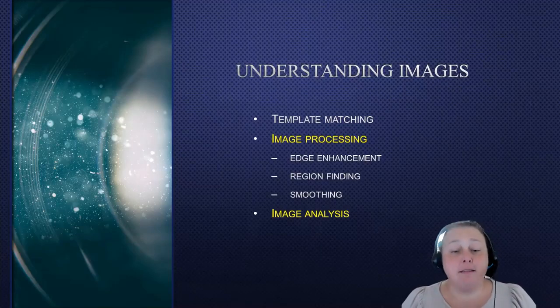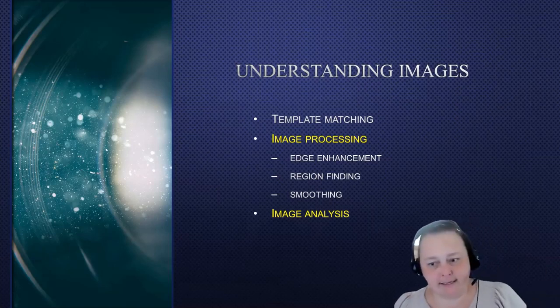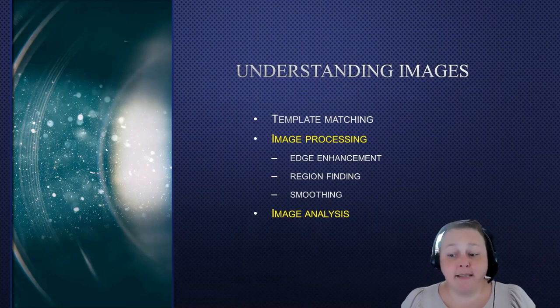So in order to understand images, it's a 2-step process. You have image processing and you have image analysis. So image processing is going to be able to identify the characteristics, something specific to that image. So edge enhancement, region finding, smoothing out rough edges.